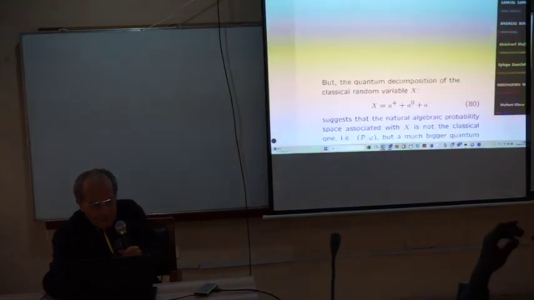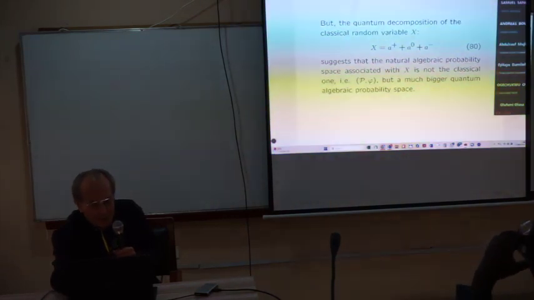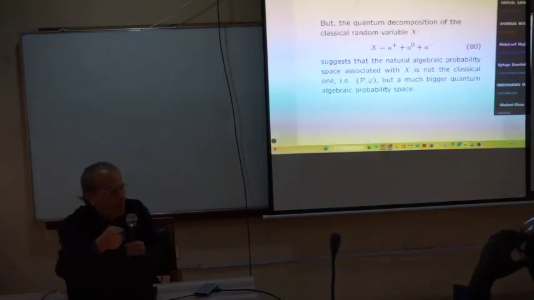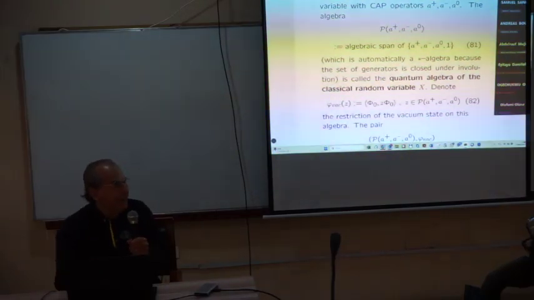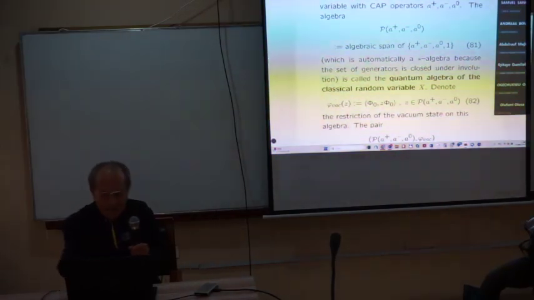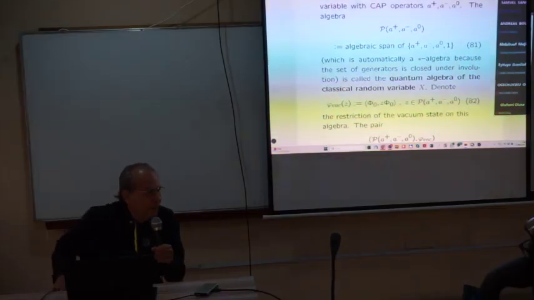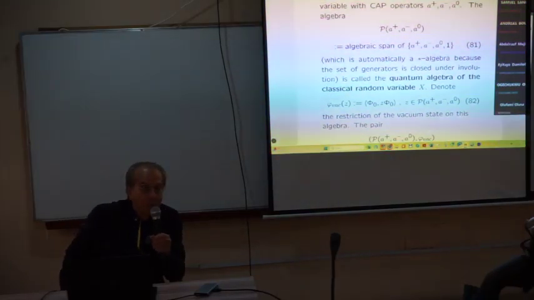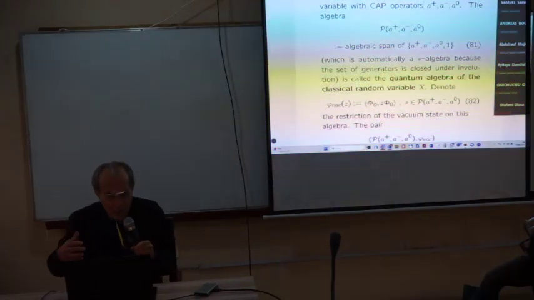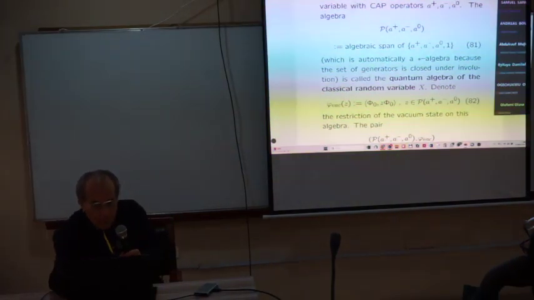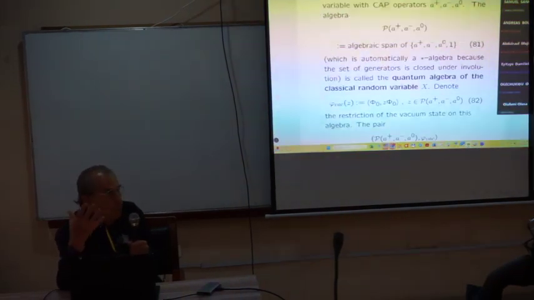And since using the fact that x is the sum of three operators, we consider the algebra whose generators are exactly not x, but the cap operator of x. Creation, annihilation, and preservation. You see? When we have the cap operators, we have a new algebra. This algebra, moreover, this algebra is an algebra of what?